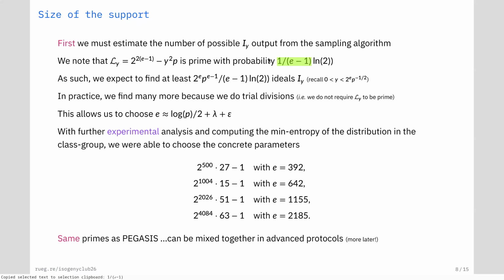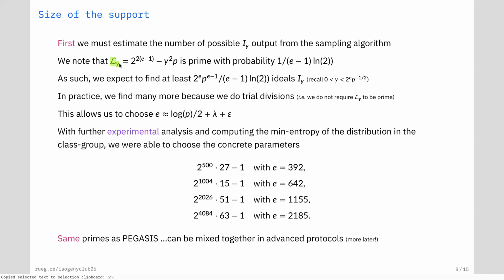So as e grows, this is less and less likely to be prime. I can't immediately tell you if that makes Ly more and more. If you want Ly to be really prime, like you don't do trial divisions, then it's clear that as e grows, it becomes more expensive to even have an Ly which is factorable.